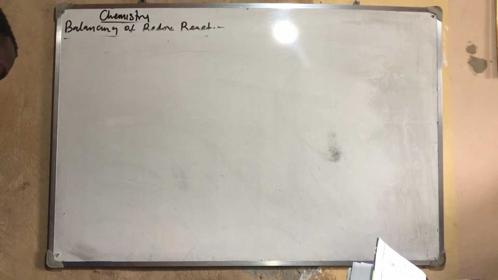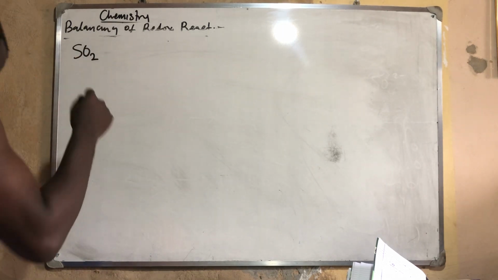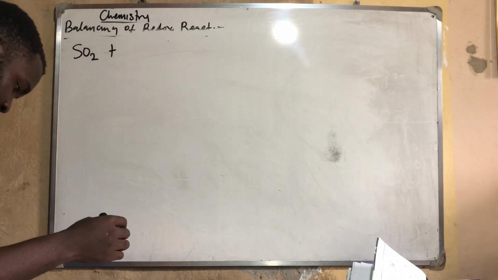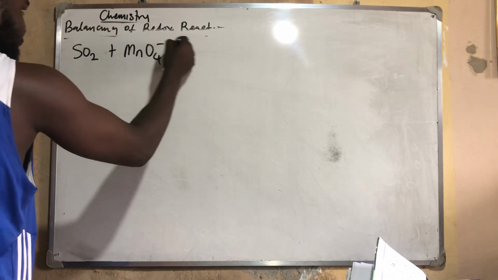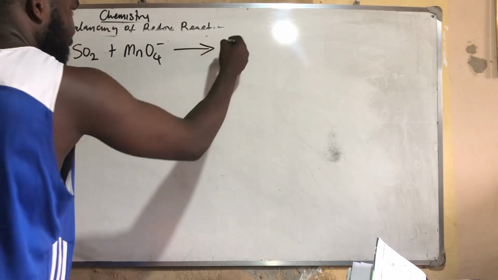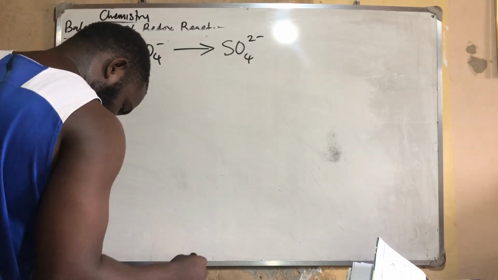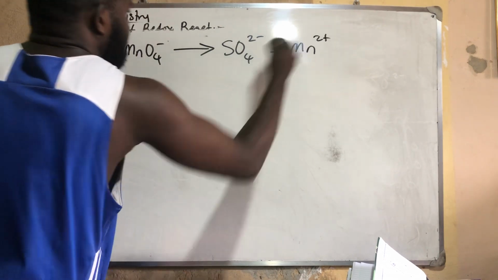Oh, I even made a mistake. This question said SO2 plus MnO4 minus to give SO4 2 minus plus Mn2 plus. So this is the question.